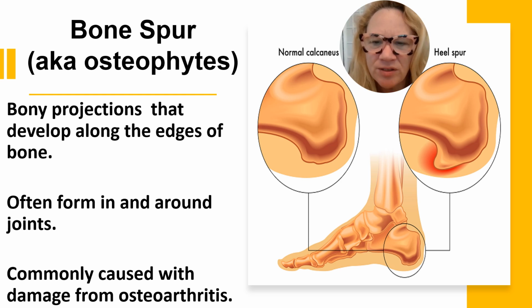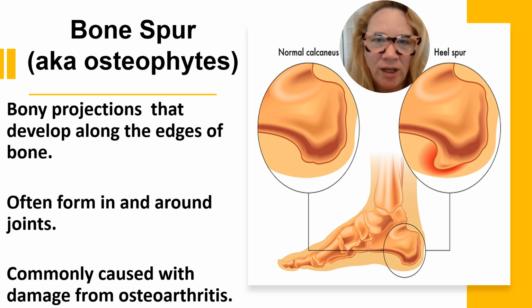Now, here is a medical illustration of a bone spur at the posterior portion of the calcaneus. This is one example where bone spurs are occurring that are not inside a joint or around an immediate joint. This often occurs with plantar fasciitis. However, the next slide I'm going to show you is a cadaver slide.